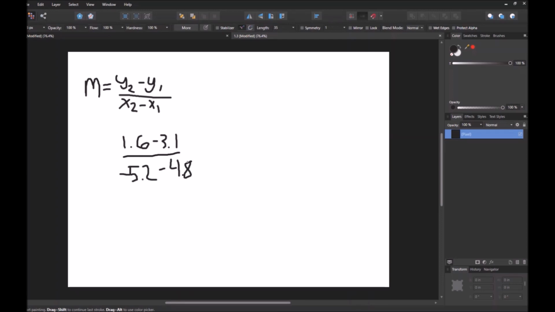So 1.6 minus 3.1 is negative 1.5. So we're going to have negative 1.5, hold on, over, and then we have negative 5.2 minus 4.8, which is negative 10.